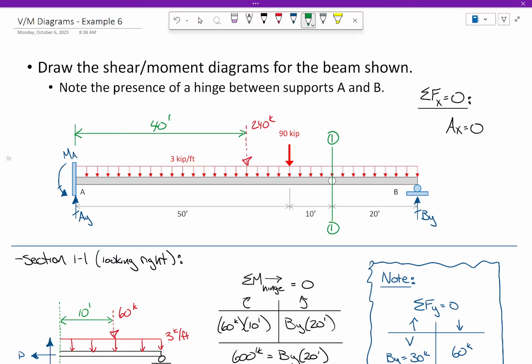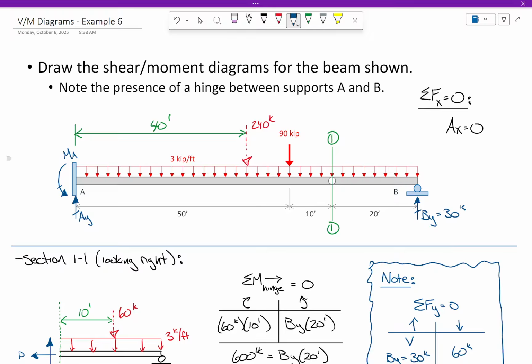Okay? And then keep in mind, we now know that's 30 kips. Just, let's see, maybe I'll put some stuff here on the board just to prevent a massive amount of scrolling here on the screen. So we have the sum of the forces in the y direction equals 0.